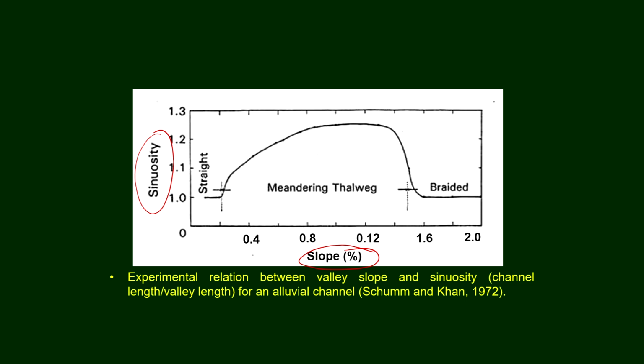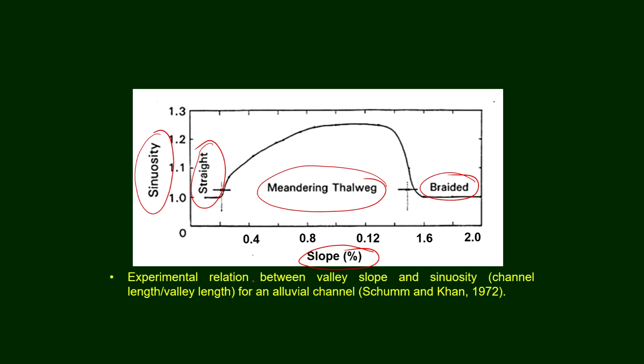What has been shown is that as you increase the slope, the channel which was straight will get into meander, and then finally it will braid.